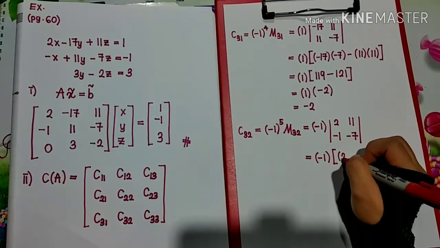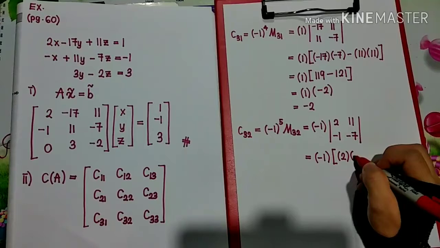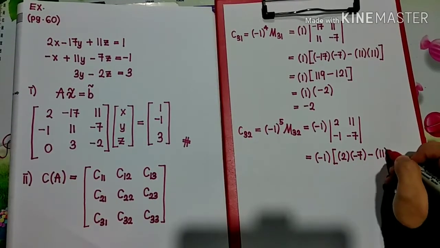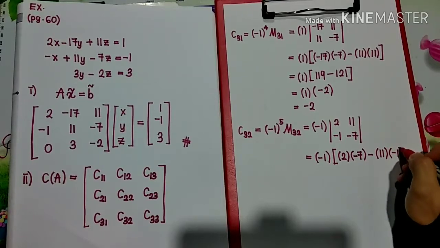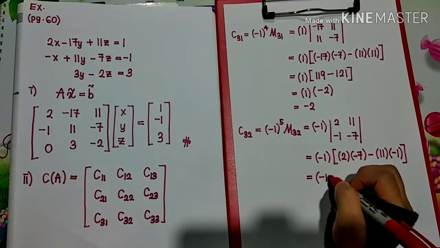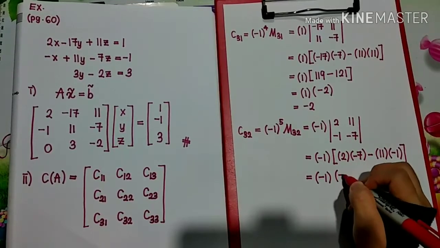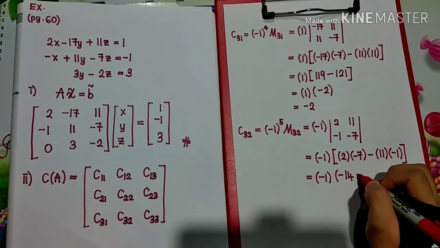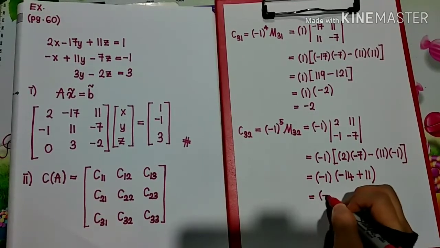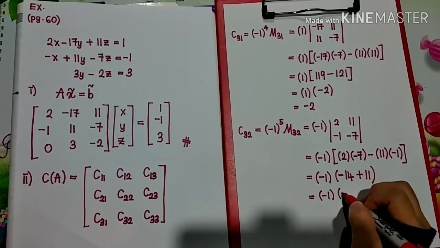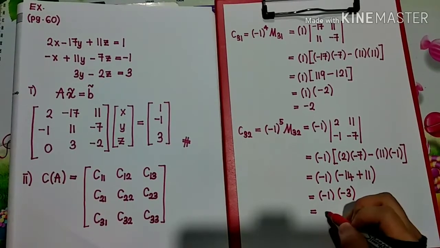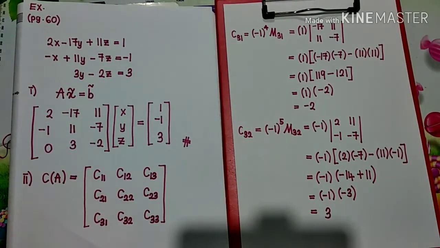This one, 2 multiply with negative 7 minus 11 multiply with negative 1. So then we solve for this one. So this one negative 14 plus 11. So negative 1 multiply with negative 3, you will get 3.